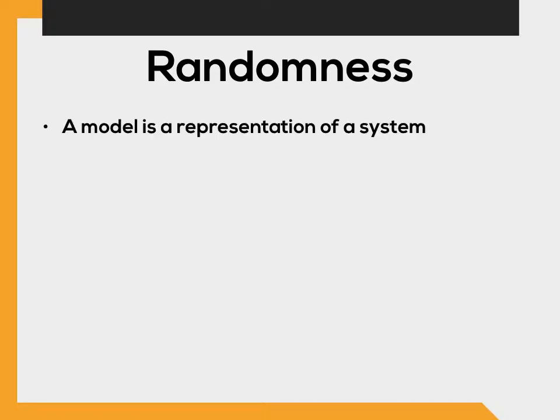So we learned in Module 1 that a simulation model is just a representation of a system. And it is impossible to replicate all of the details of a system, but the key details are replicated as accurately as possible so that we can make decisions based on the simulation model, decisions for the real system.